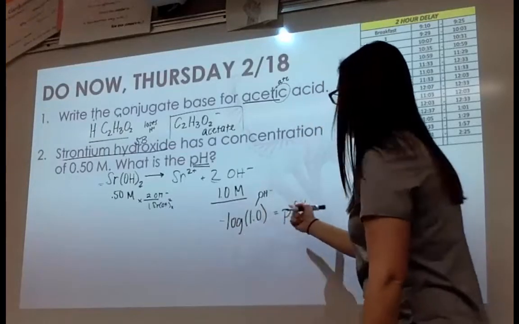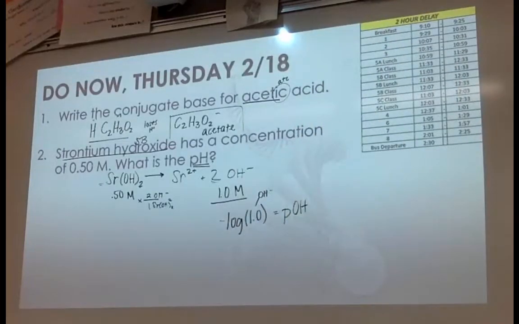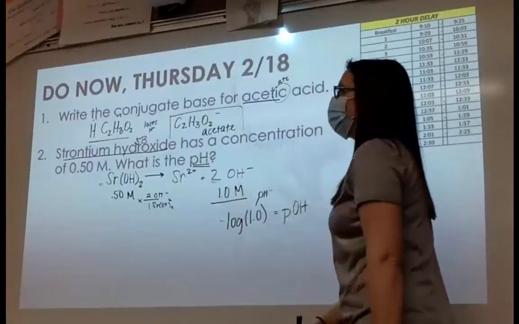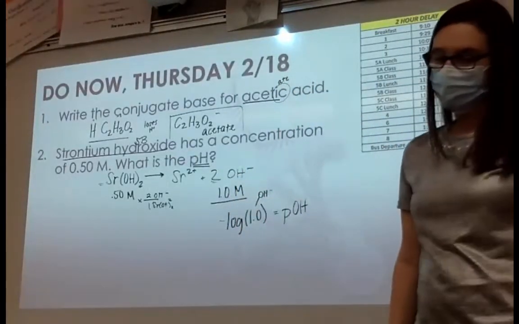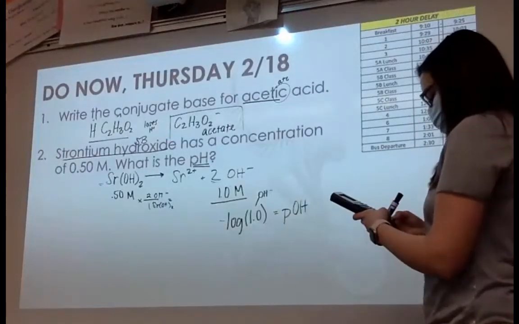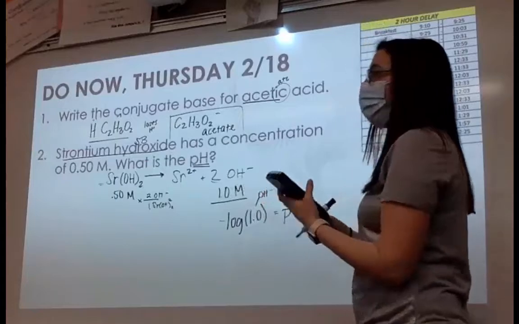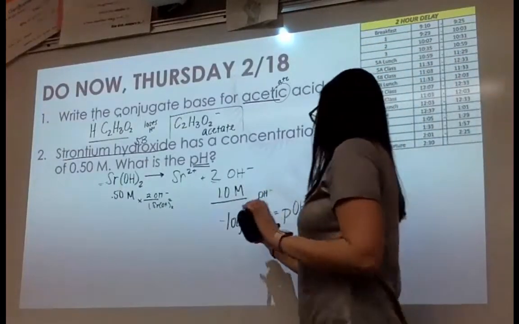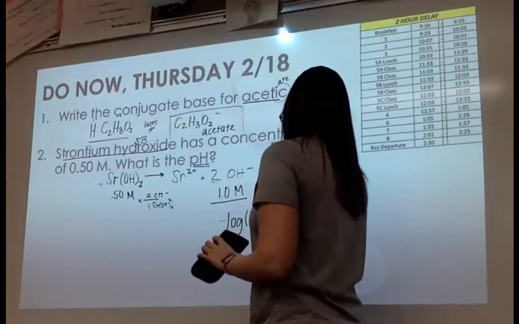If you take the negative log of OH minus, you're actually finding pOH. So if in your calculator you do negative log of 1.0, and I'll do it in mine just so you know I'm not lying to you, negative log of 1 is 0.